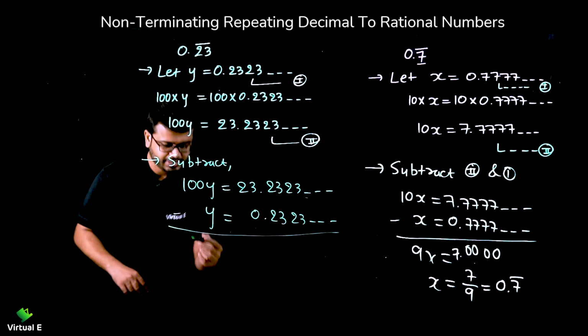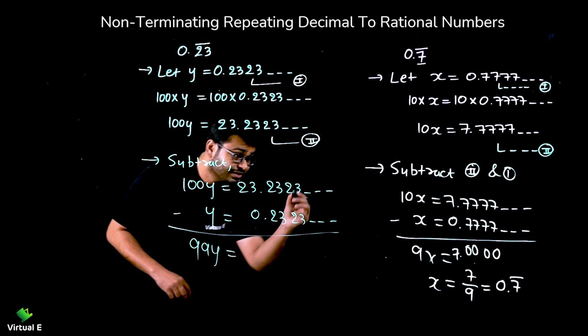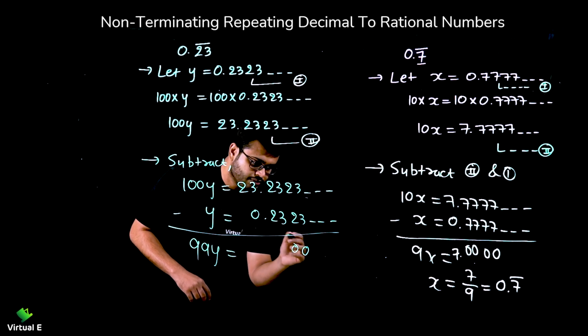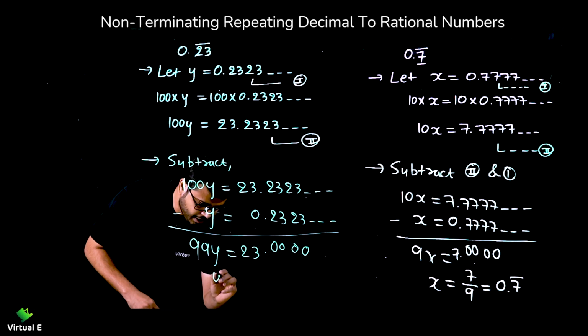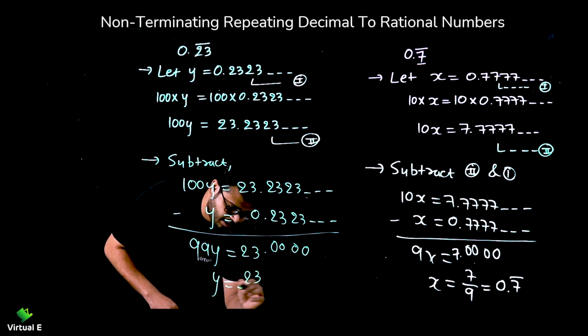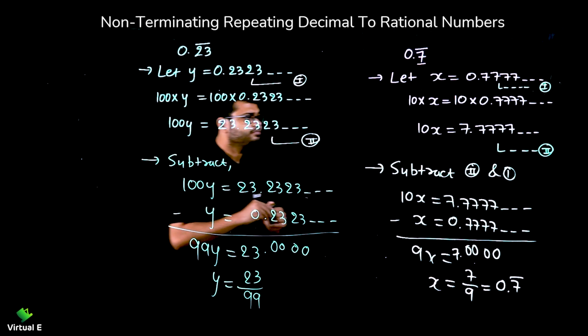So 100 minus 1, that's 99y is equal to, here let's start from here, 0 0 0 0, and here 2 3. So y is equal to 23 by 99. Very simple it is.